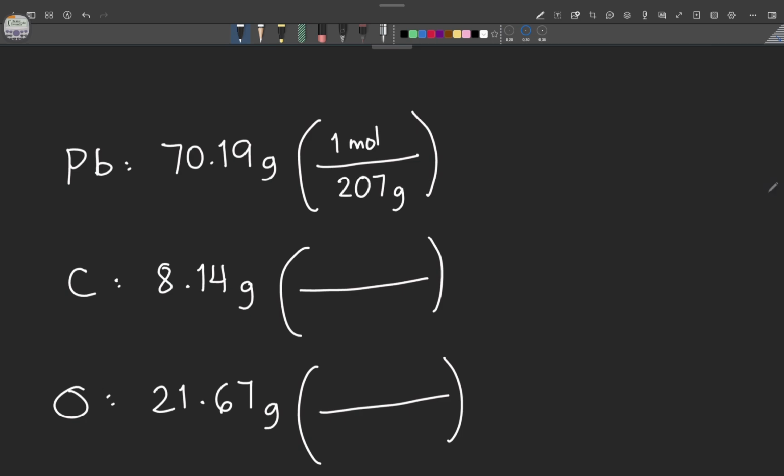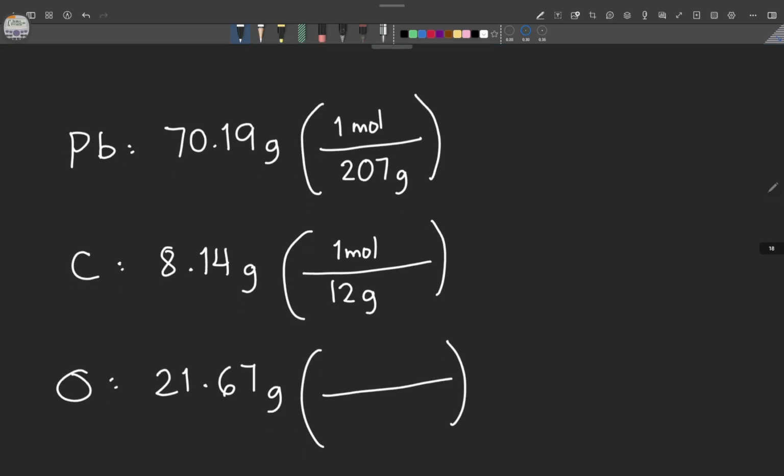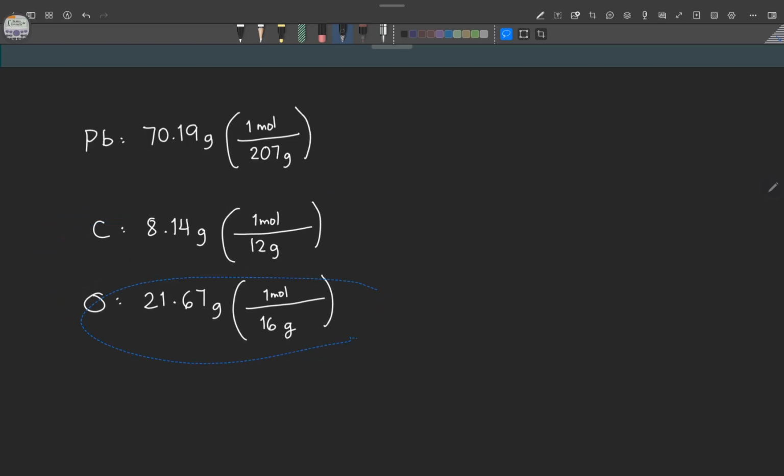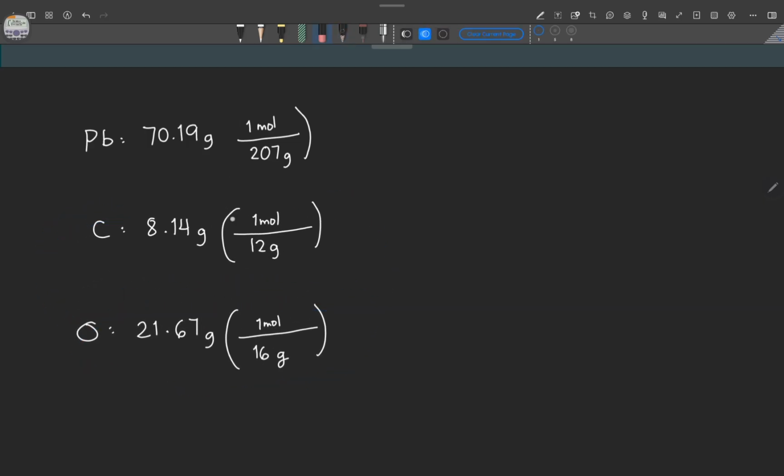Then 1 mole on top. 1 mole, 12 grams. 1 mole, 16 grams. Okay, so that's coming from the periodic table. Okay, we can change this so that cancel the grams, we're left with moles, and what will be the answer?